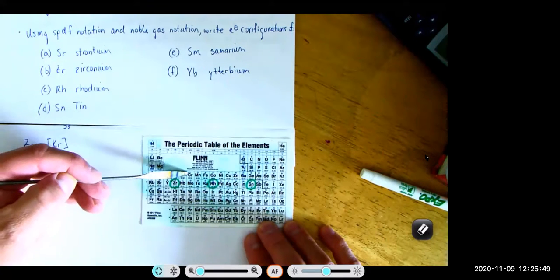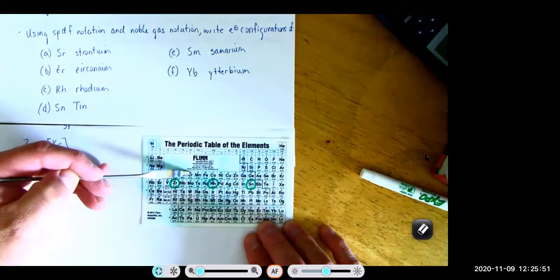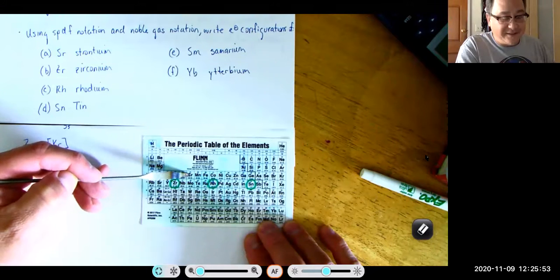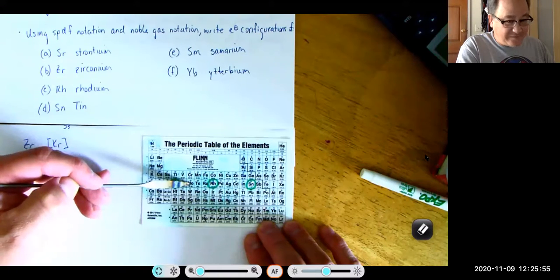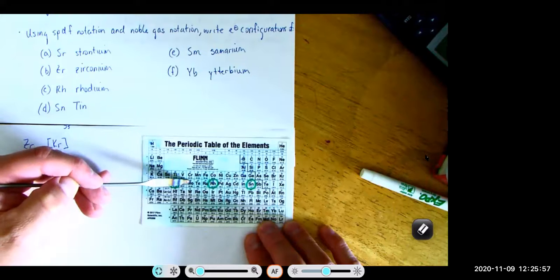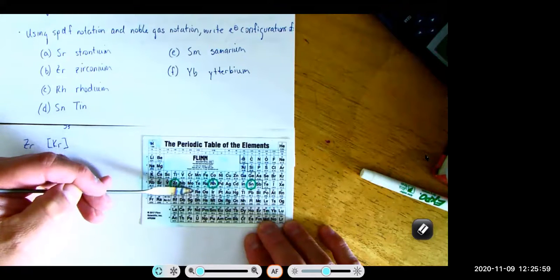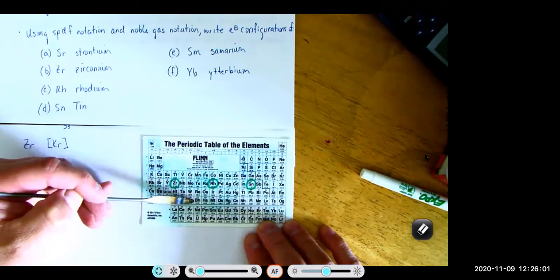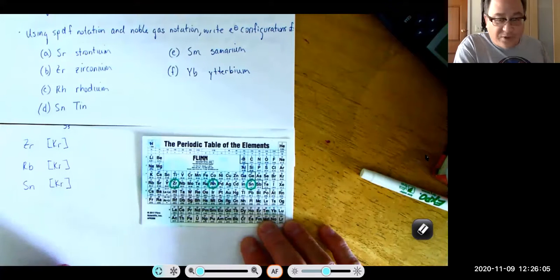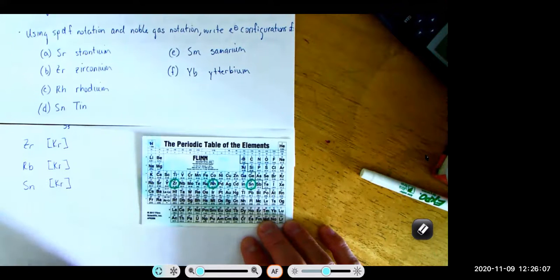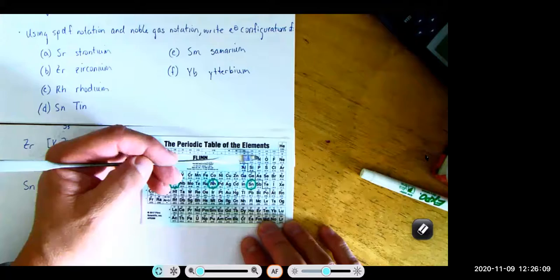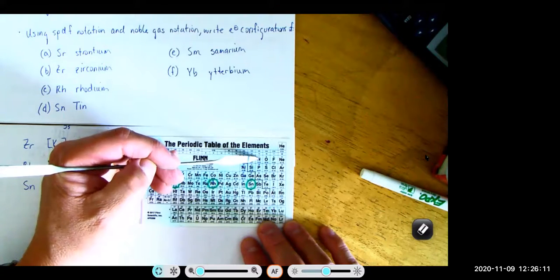3d. 4d. 5d. 6d. See how I'm tripping you up? I'm not starting with the 1s. How about here? 2p.